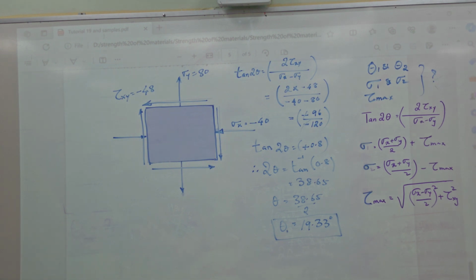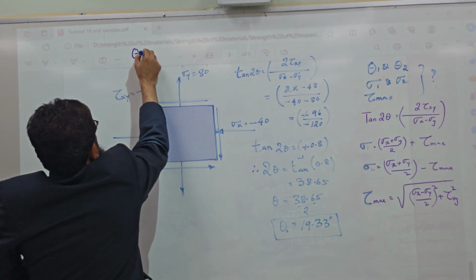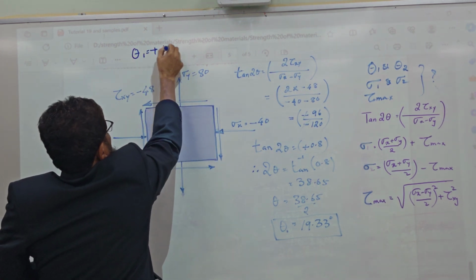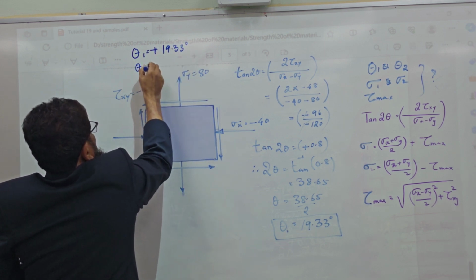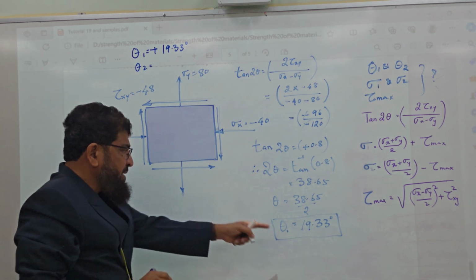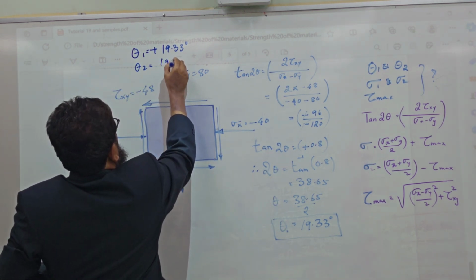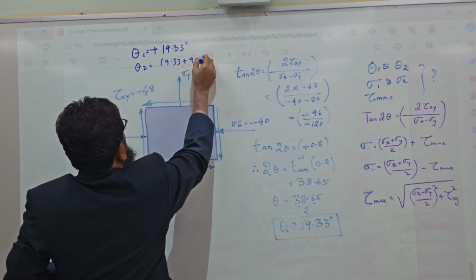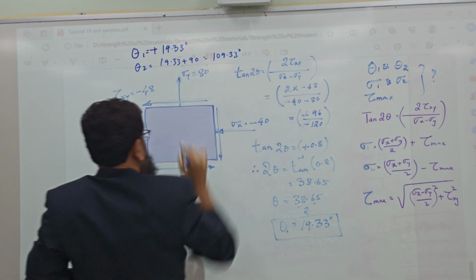Now let us go for theta 2. Theta 1 is equal to plus 19.33 degrees. Theta 2 will be 19.33 plus 90, which becomes 109.33 degrees, correct?